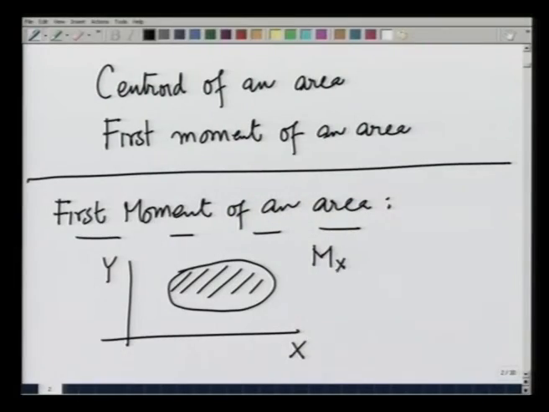I define the first moment of this area, m x, about the x axis as summation y i delta a i, where delta a i is a small area here, delta a i at a distance of y i from the x axis.